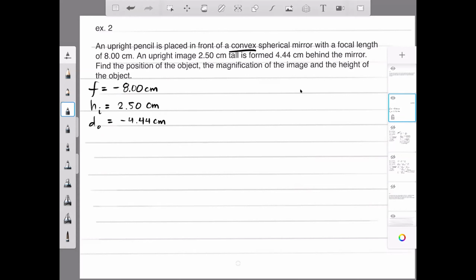Since it's behind the mirror, it's got to be negative. And that is not going to be DO, that's going to be DI. So we need to figure out what is HO, what is DO, and we also need to figure out what is going to be M.